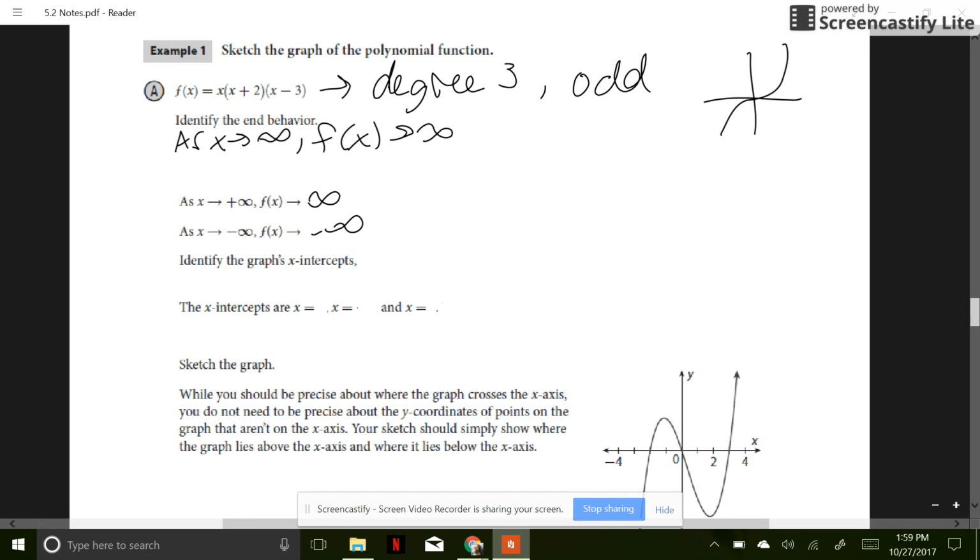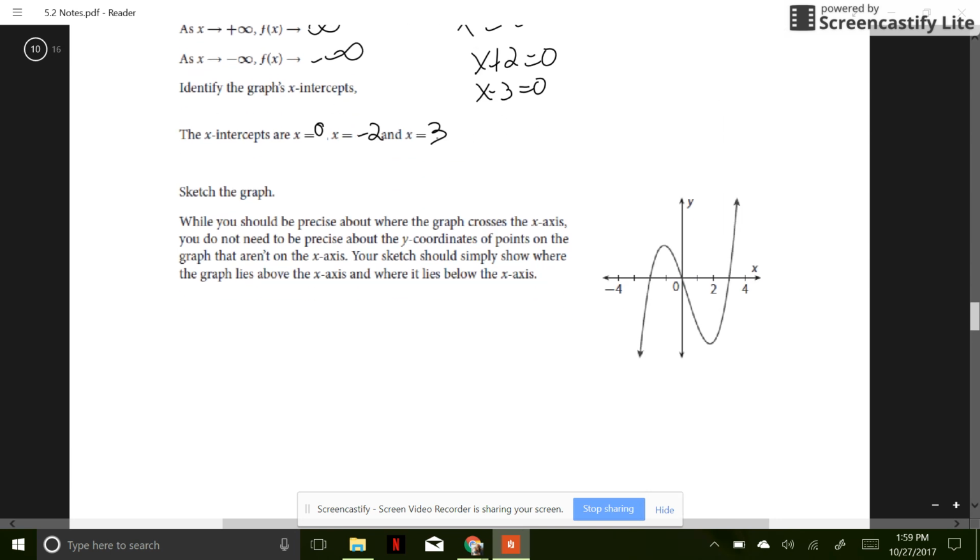So we need to identify the graph's intercepts. So we look back at the equation, and we set each of those terms equal to 0. So the first term is x equals 0, and solve it. X plus 2 equals 0, which means we will have an intercept at x equals -2. And x minus 3 equals 0 means we will have an x-intercept at x equals 3.